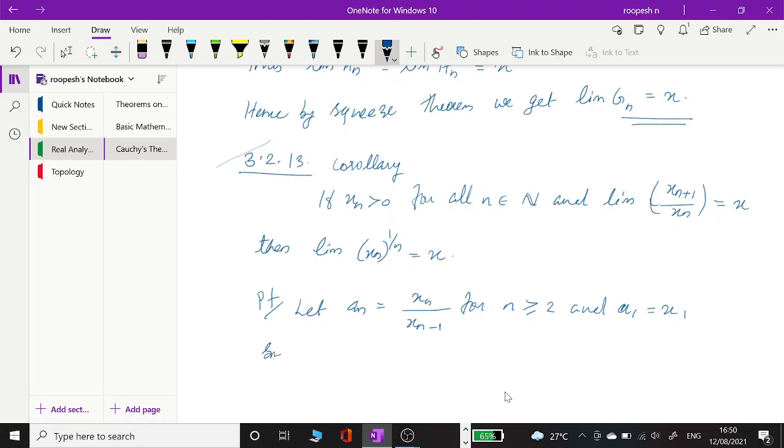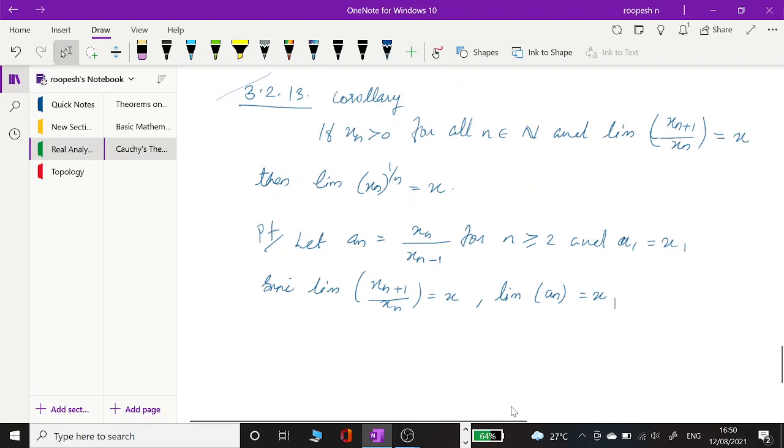Since the limit of xn plus 1 by xn is given to be x, now what about this sequence's limit? That is also equal to x, the limit of an is also equal to x.